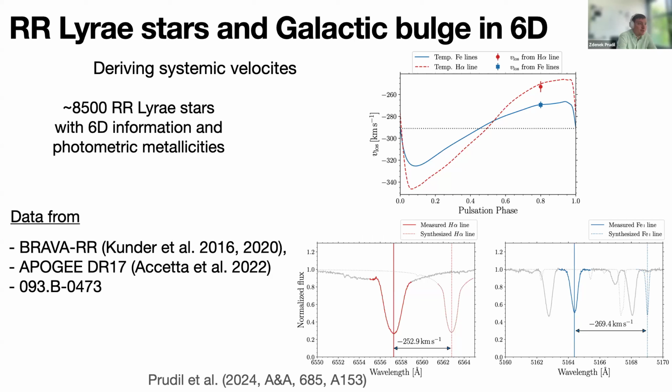So the amplitude that you see on the upper panel can change for different lines. If you use the Balmer lines, the amplitude is going to be larger because these lines usually originate in the upper levels of the atmosphere, while iron lines usually originate from deeper in the atmosphere. So we developed these tools, and then from the line-of-sight measurements that we have from the BRAVA and APOGEE surveys, we corrected for this pulsation motion and obtained the actual systemic velocity.